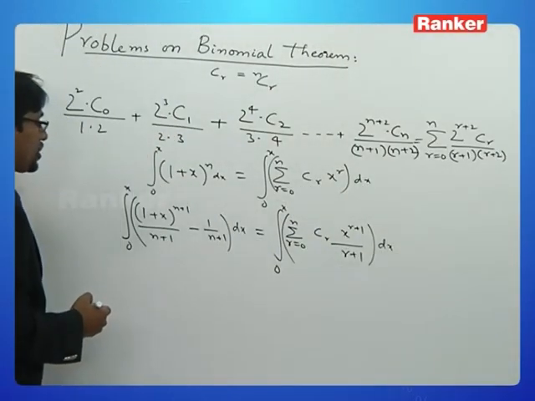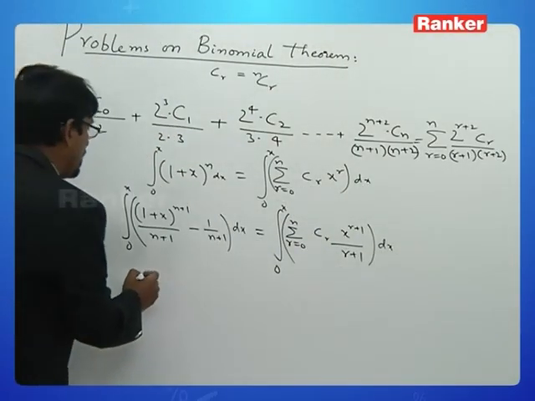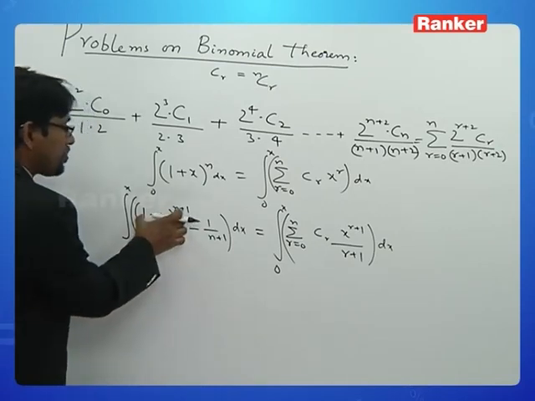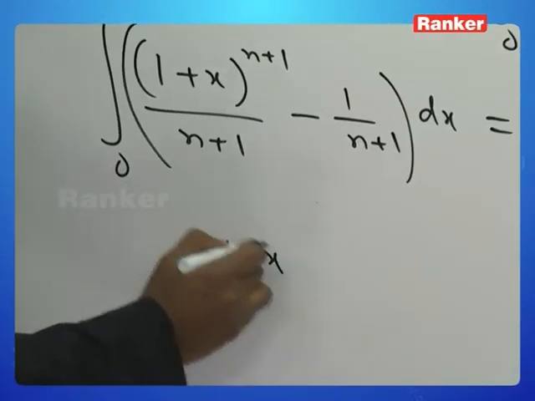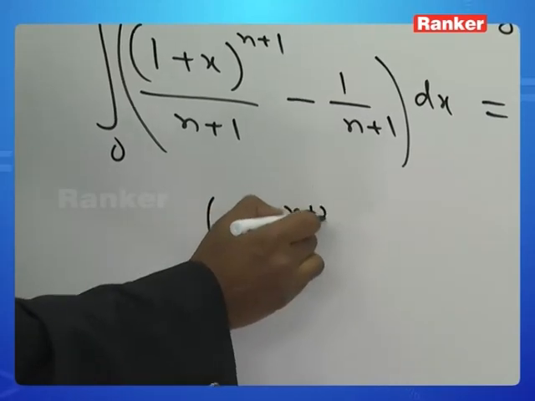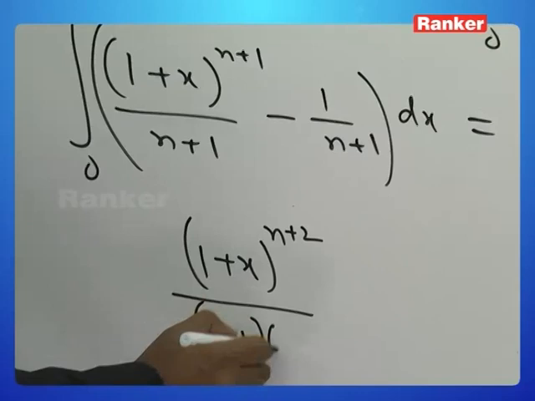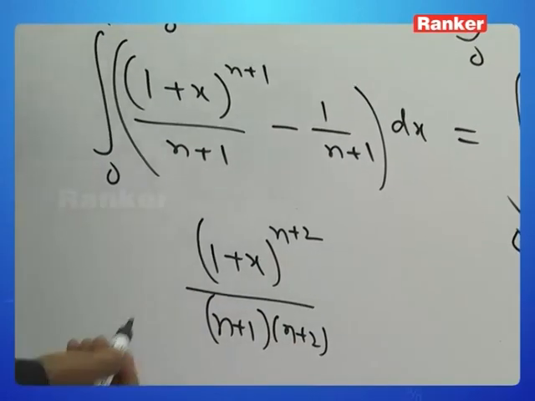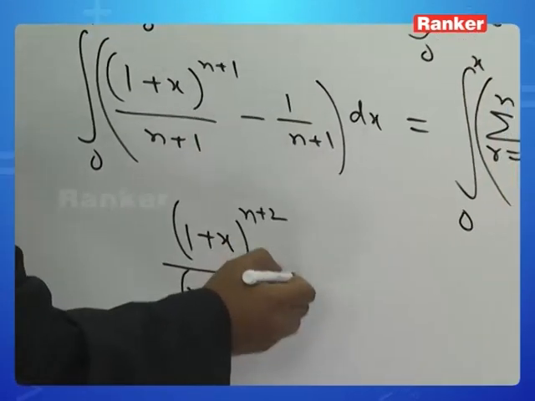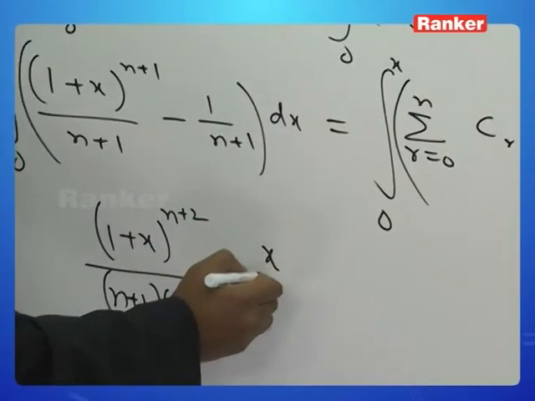So what do you get out of this here? When you integrate this part, it comes out to be 1 plus x power n plus 2 by, this n plus 1 is already there, therefore n plus 1 into n plus 2. Now when you integrate this part, you get x by n plus 1.